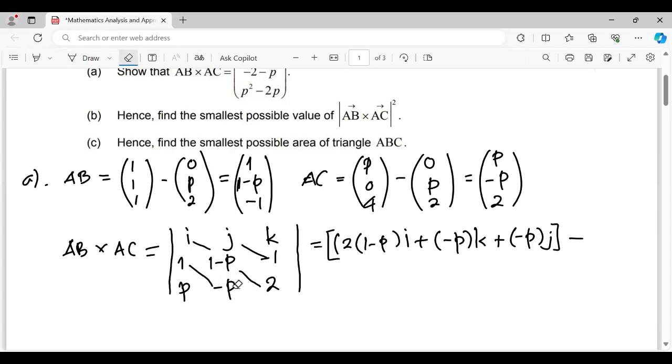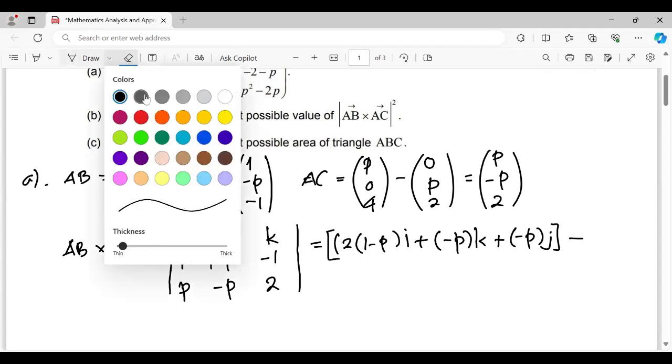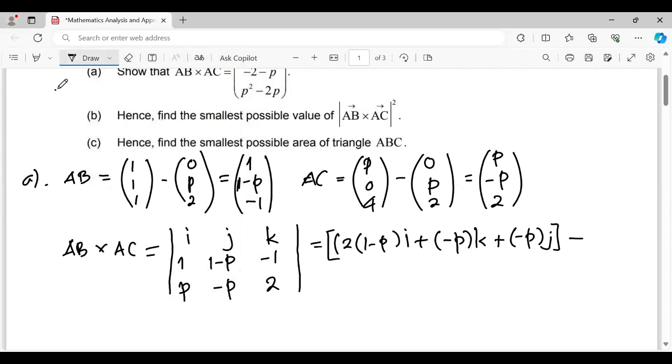I have to erase this line first because probably some of you will be confused. Right, next. Now this p times (1 minus p) times k becomes (p minus p squared) k.